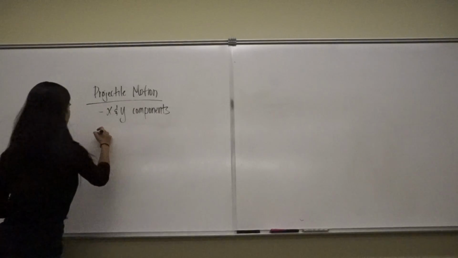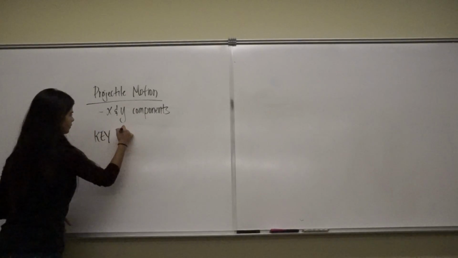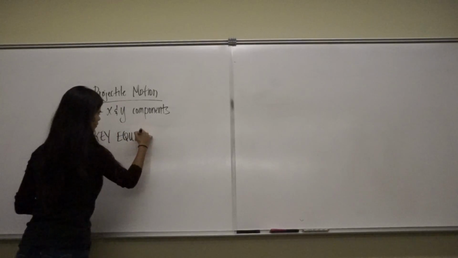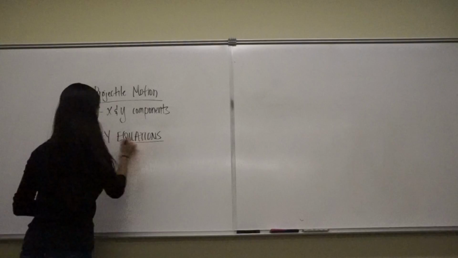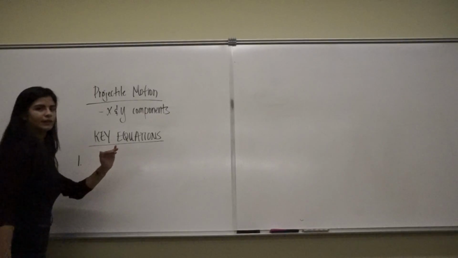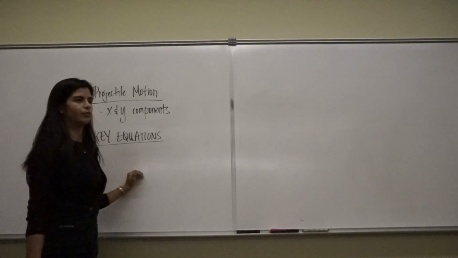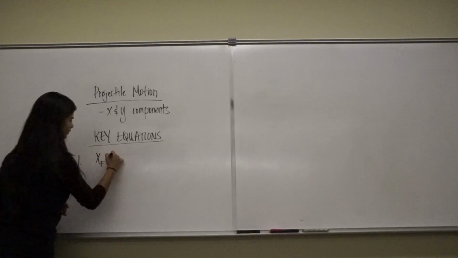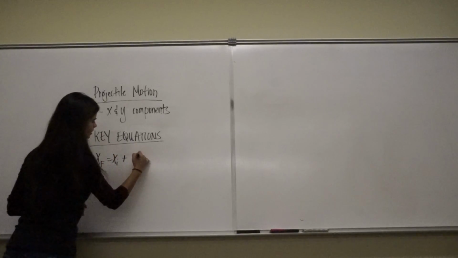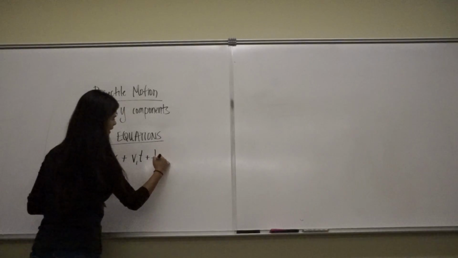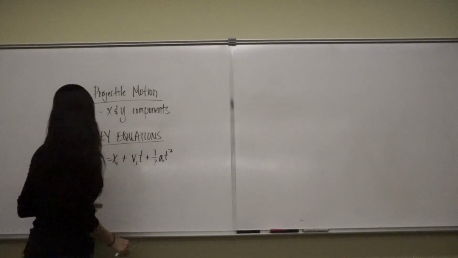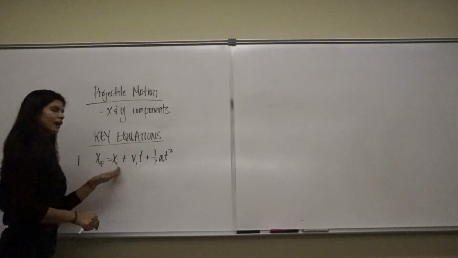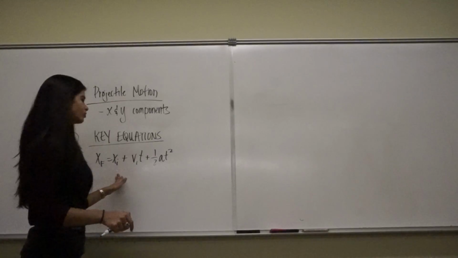Okay. So key equations that we're going to be using. This is the one that you'll use most frequently, and it'll probably save your life like a million times: x_f = x_i + v_i t + 1/2 a t squared, where f is final and i is initial.